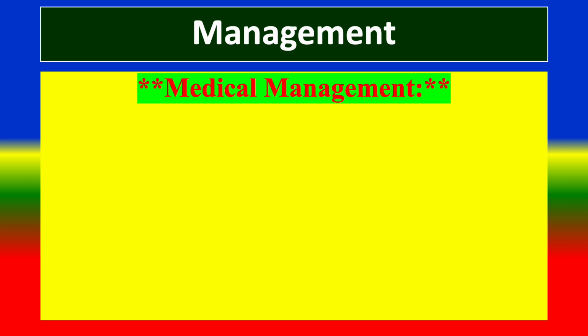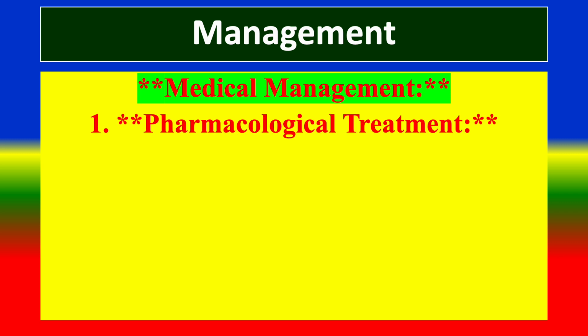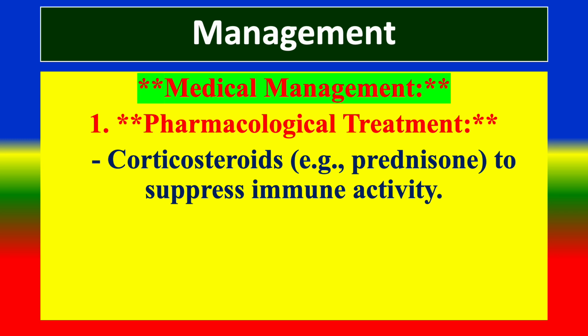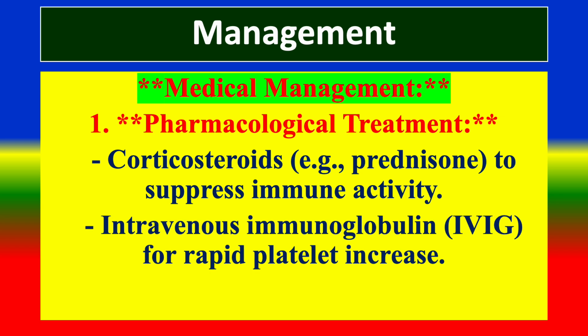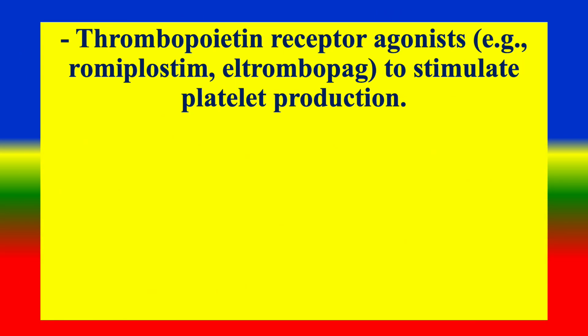Management. Medical management. 1. Pharmacological treatment. Corticosteroids to suppress immune activity. Intravenous immunoglobulin for rapid platelet increase. Thrombopoietin receptor agonists to stimulate platelet production.